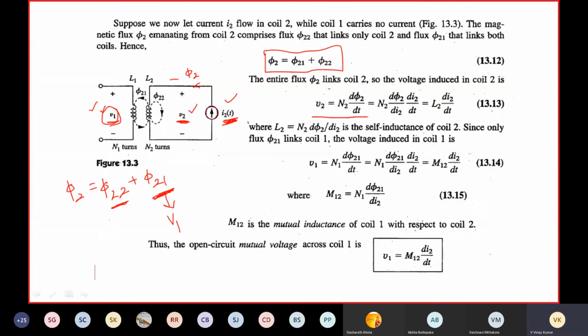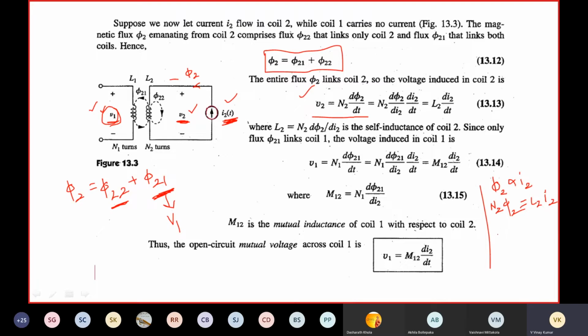V2 is equal to N2 d phi 2 by dt, right? Here the flux in coil 2, phi 2, is directly proportional to I2. This can be written like this: N2 phi 2 is equal to L2 I2. Substitute this equation in this equation.